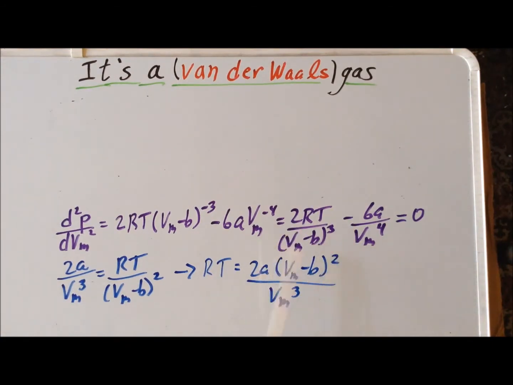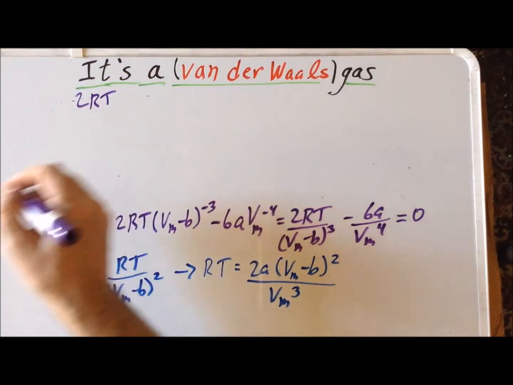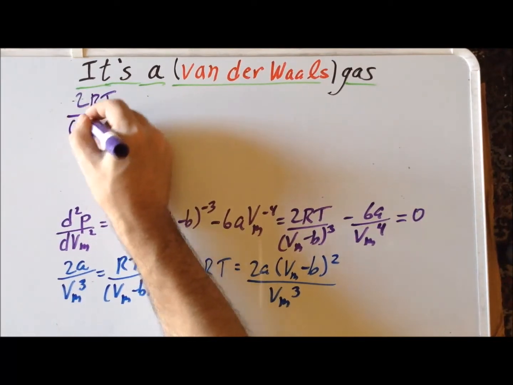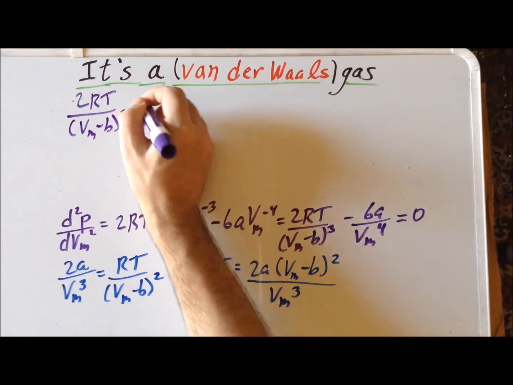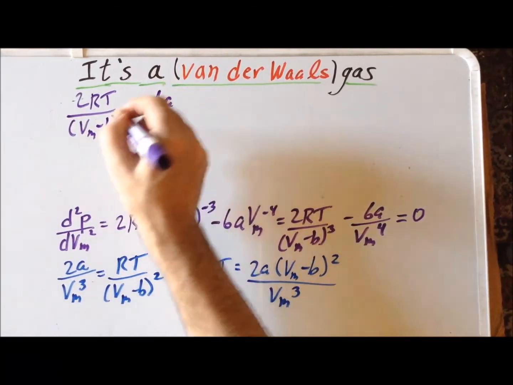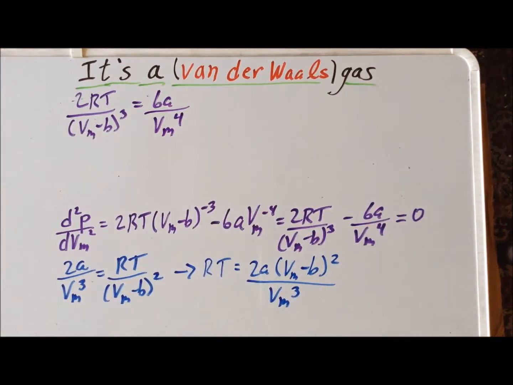Similarly, we can use our expression in purple, which we obtained from evaluating the second derivative at the critical point. We can add 6a divided by V sub m to the fourth power to each side, and that gives us 2RT divided by the quantity V sub m minus b cubed equals 6a divided by the molar volume to the fourth power.